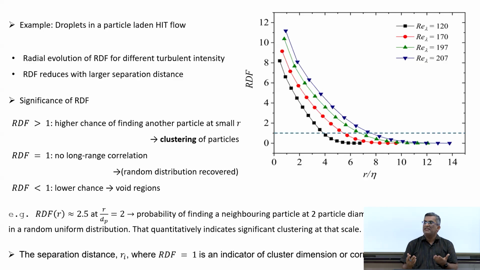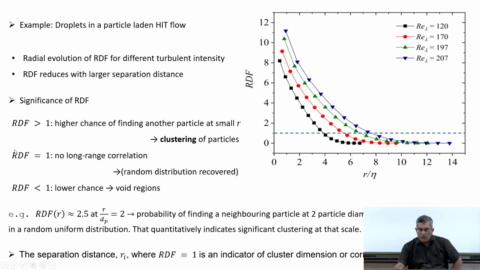Now, what does this mean? If you consider this example, let us say RDF at some R is equal to 2.5 at R equal to 2. Then this means that the probability of finding a neighboring particle at 2 particle diameters is 2.5 times higher than that in a random distribution.